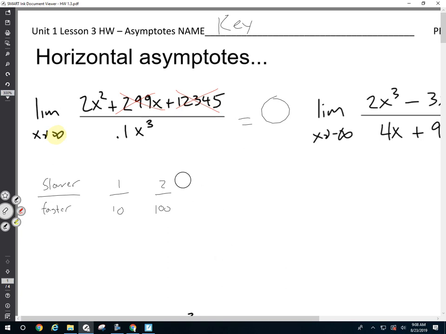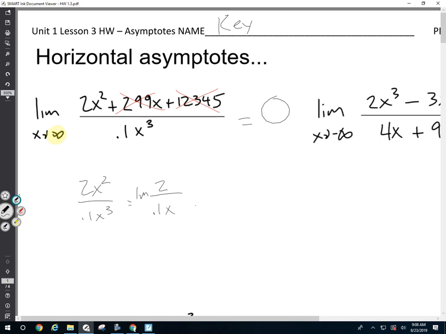You are able to, in this situation, since we just have x to powers, simplify this. 2x squared over 0.1x cubed. I could simplify this. It turns into 2 over 0.1x. I'm able to cancel 2 of these x's and 2 of these x's, leaving 1x here.